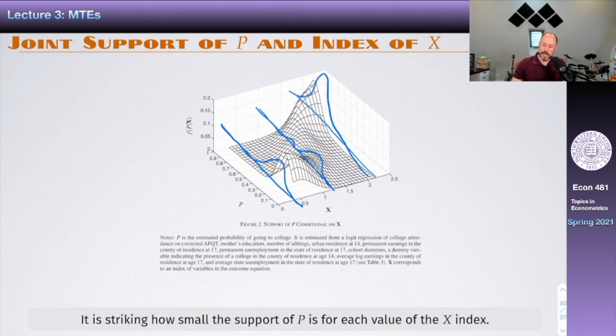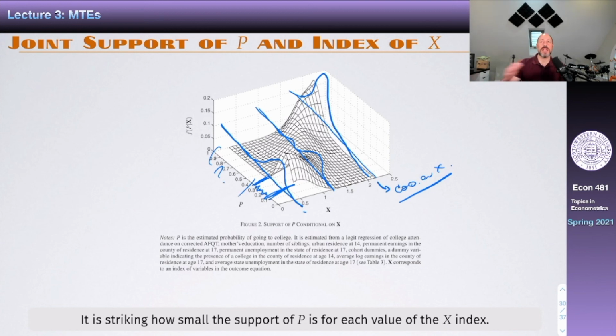Do you see how, conditional on X, the support of the propensity score is quite restricted? For example, conditional on these really small values of X, look, the support is between here and here, and you have nothing over here, right?